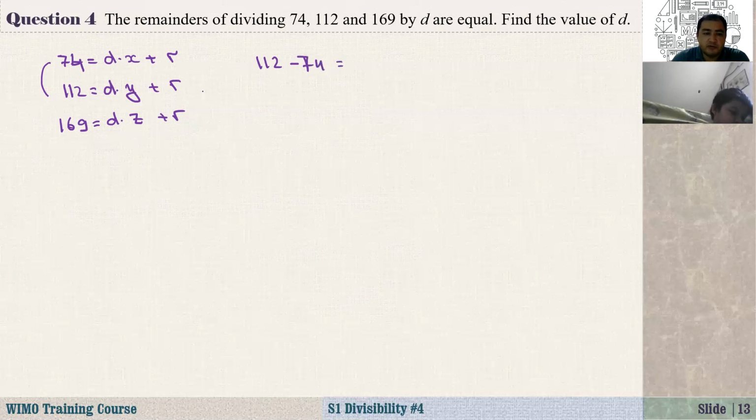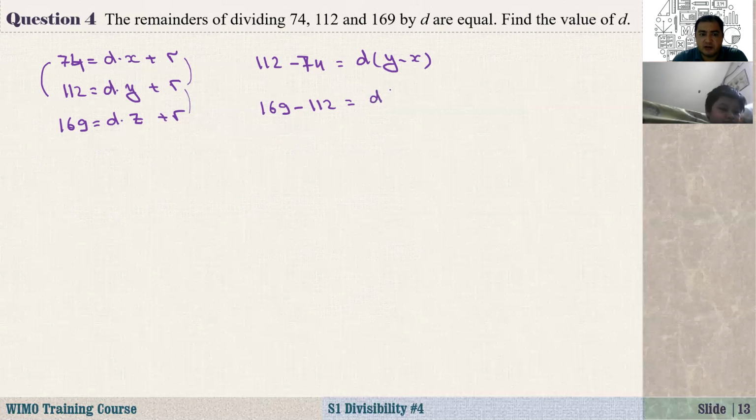On the right hand side, r minus r is 0. So here we have d times y minus x, which means that d is a common factor, divisible by the difference of these two numbers. How about 169 minus 112? If you subtract this, r minus r is 0.